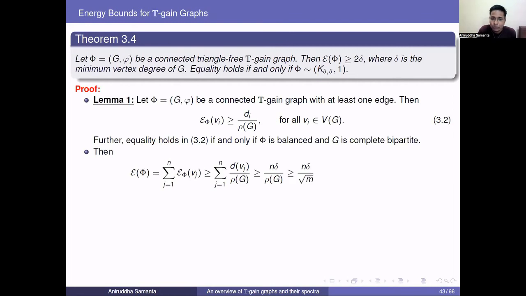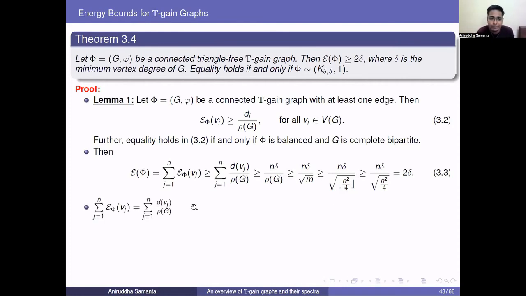Now, there is a known result that the spectral radius of the underlying graph G is less than or equal to the square root of the number of edges. And now from Mantel's theorem, as it is a triangle-free graph, this is greater than or equal to n times delta divided by the square root of floor of n squared by 4. And from there we get it is 2 times small delta.